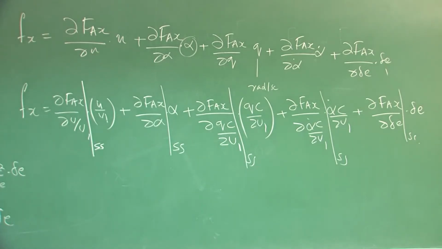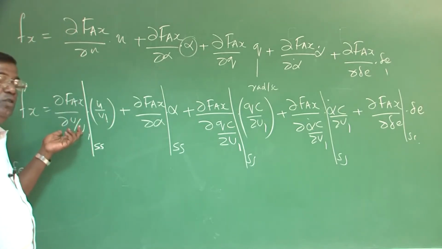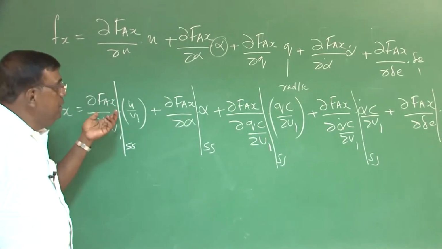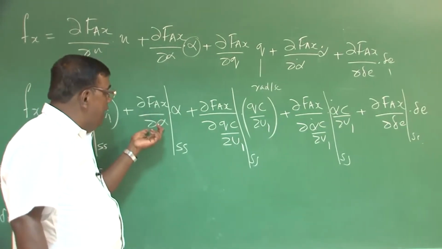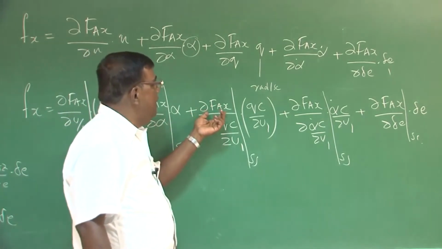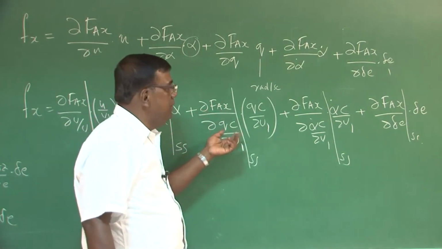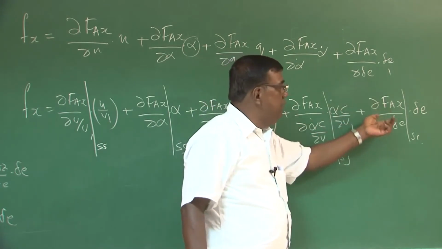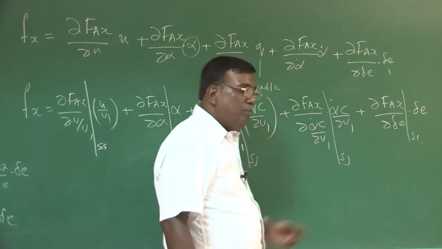Now our approach will be, how do I find this derivative dfx by d u by u1? We will refer to this as the u derivative. This will be referred to as the alpha derivative. This will be referred to as the q derivative. This will be the alpha dot derivative. This will be the delta E derivative, correct?